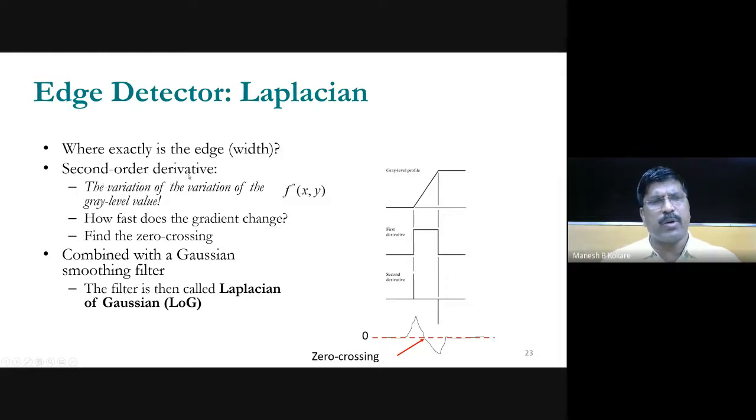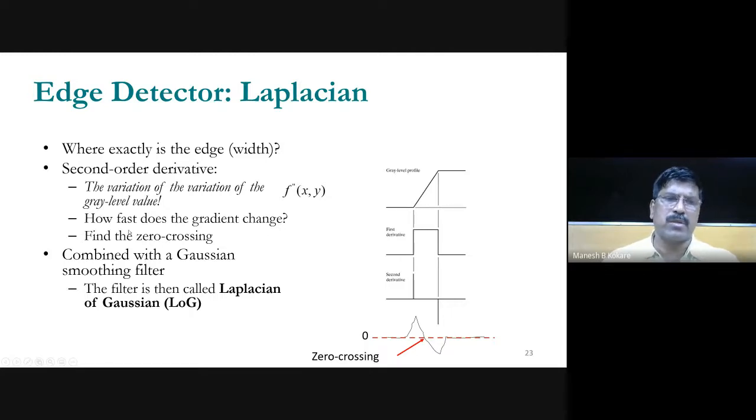And then the second order derivative, f double dash x, y, is the variation of the gray level value, that is, the variation of variation. It is the difference of this, and again you are taking the difference of this, so that's why it is called the variation of the variation. It is represented with a double dash x comma y, so you are taking the double derivative.